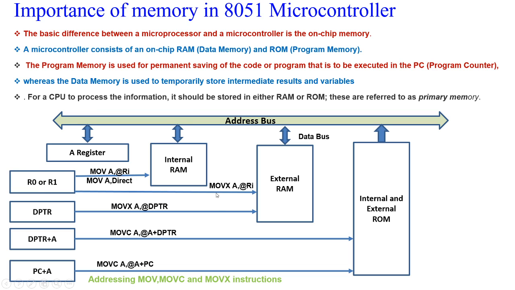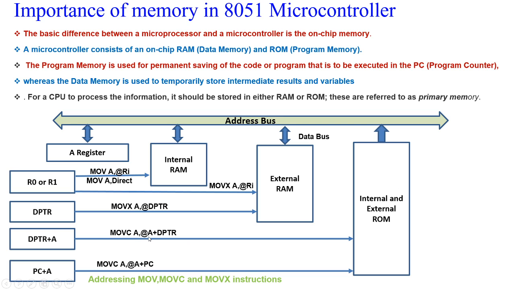We use MOVX A, @Ri, indirect addressing. This gives the indirect address of external random access memory, and that content is moved into the accumulator register. Or to access external memory, the data pointer register, which is 16 bit, gives the address of external random access memory, and that content is moved into the accumulator using DPTR. Accumulator plus DPTR gives the program memory address.